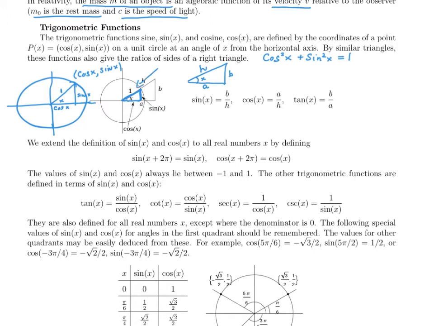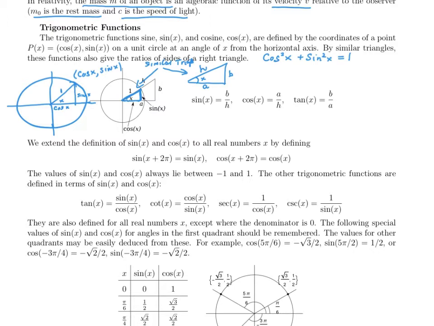Because that angle is the same and they're both right-angled triangles, the third angle must be the same, so these are similar triangles. And that means that the ratios of the sides must be equal.